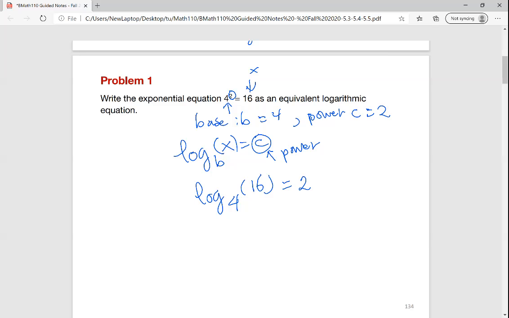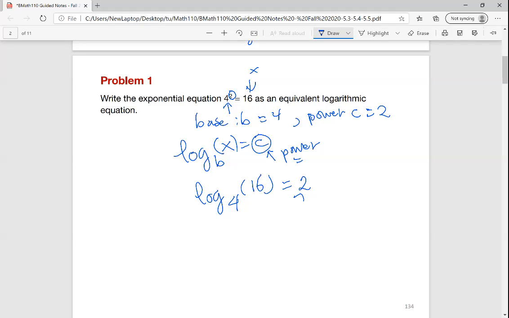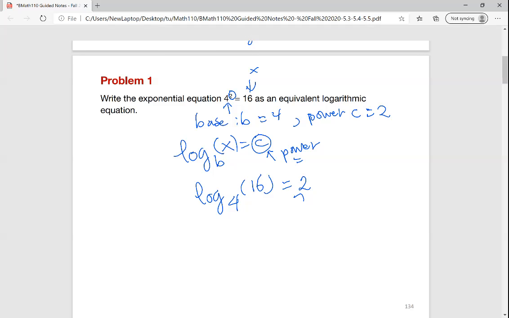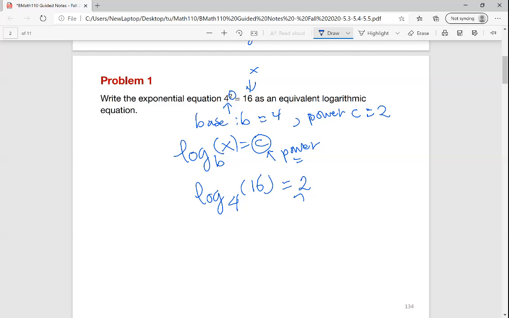So easily you can make the inverse: 4 raised to 2 equal to 16. So that needs to be the answer for this question. I'm going to delete this and make a circle for this.